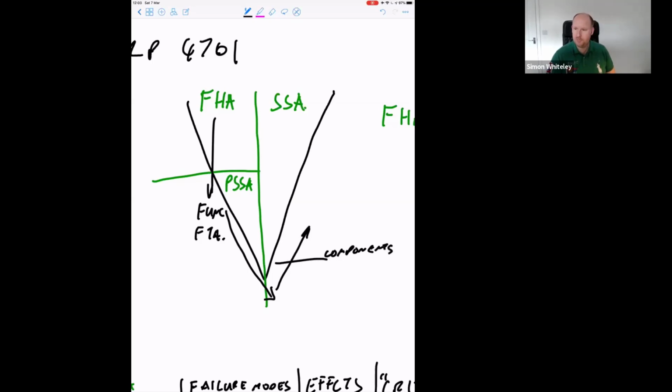And it's only when you've decided what components you're going to be using that you can really do a proper FMEA. So it's during this switchover period that you start to create your component FMEA, and then you use that information to update your fault tree analysis during the SSA phase. Does that make sense?